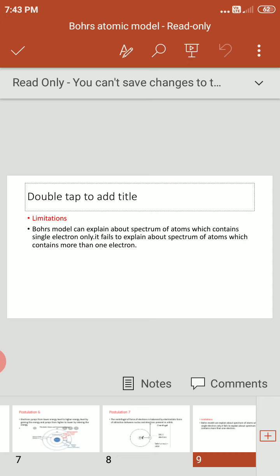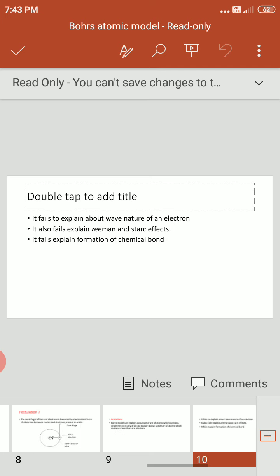The model fails to explain the spectrum of atoms with more than one electron, and it fails to explain the wave nature of the electron. According to this model the electron is a particle, but according to de Broglie and Heisenberg, the electron also has wave nature, which Bohr's theory cannot explain.